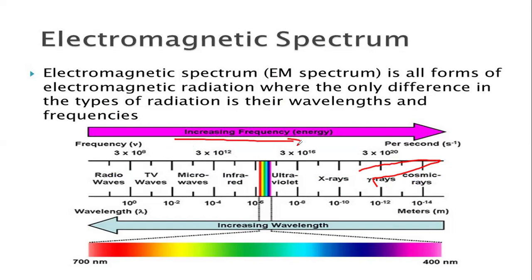So the frequency of these waves increases. And then from the gamma rays to the radio waves, you see that the wavelength decreases. But I know maybe it might be confusing because I haven't yet talked about the frequency and the wavelength. So I'll talk about it again.